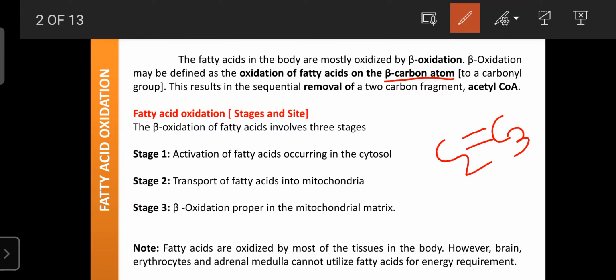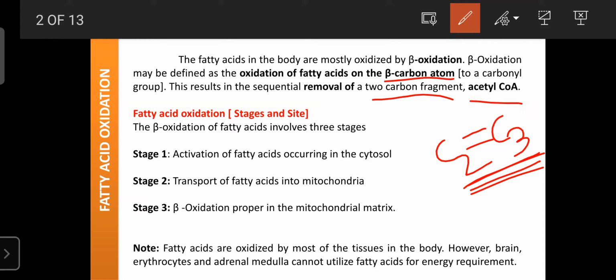Beta oxidation may be defined as the oxidation of fatty acids at the beta carbon atom, that is, the bond between C2 and C3. At the end of each cycle, two carbon atoms are removed in the form of acetyl CoA.